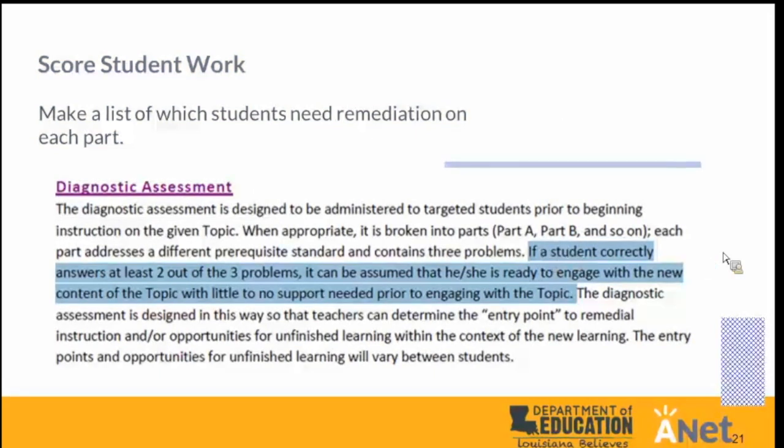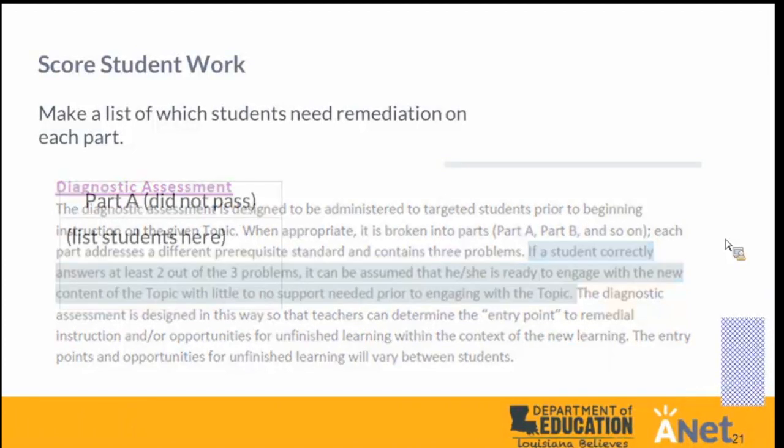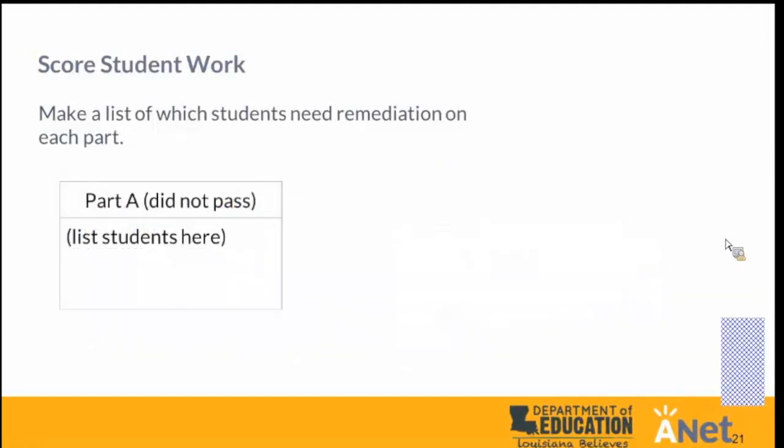So the part I've highlighted in blue on the screen: if a student correctly answers 2 out of 3 problems, it can be assumed that he or she is ready to engage with the new content of the topic with little to no support. So as we're grading this work, that's the criteria that we're using. So go ahead and pause the webinar and make a list of any students that did not pass, so anyone that did not get 2 out of 3. Restart when you're ready.